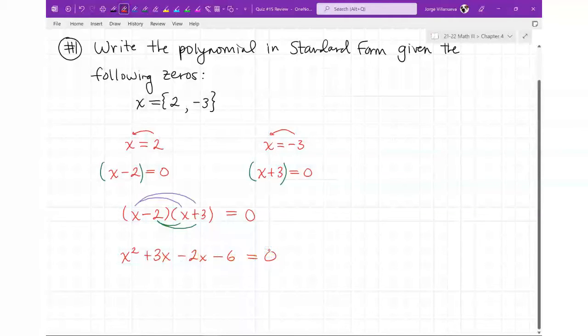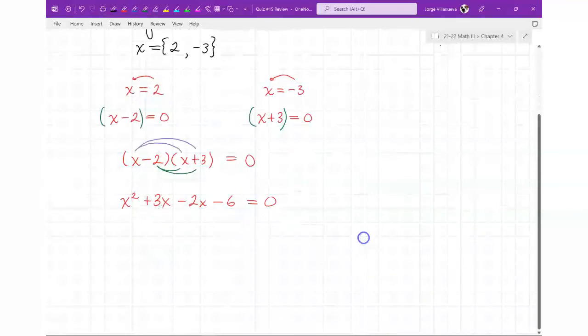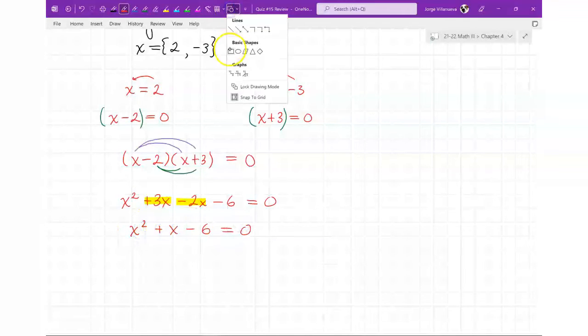And that's equal to 0. So I'm just going to join my two terms in the middle that are like terms. These are like terms, so I'll join them together. So 3x minus 2x is 1x. So I'm going to write x squared plus x minus 6 equals 0. And I am done.